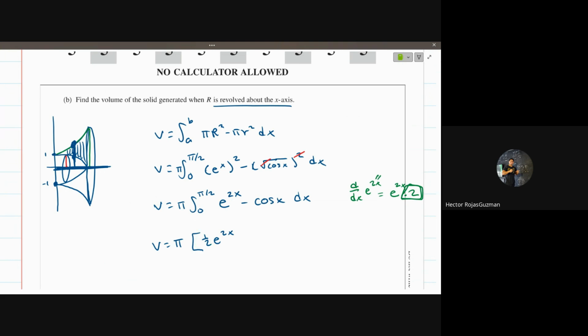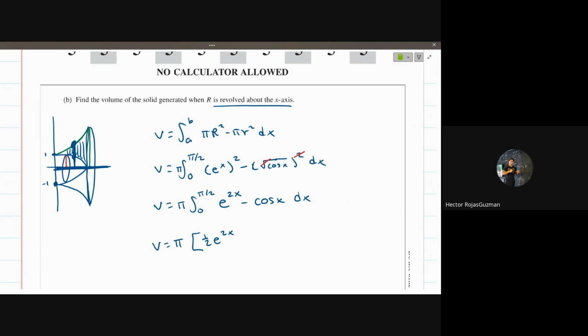So in other words, if you're trying to integrate e to the power of 3x, you're going to get 1/3 e to the power of 3x. If you're trying to integrate e to the power of 1/2 x, you're going to get 2 e to the power of 1/2 x. Right? So you're always taking the derivative of u, but we're using the reciprocal when doing antiderivatives.